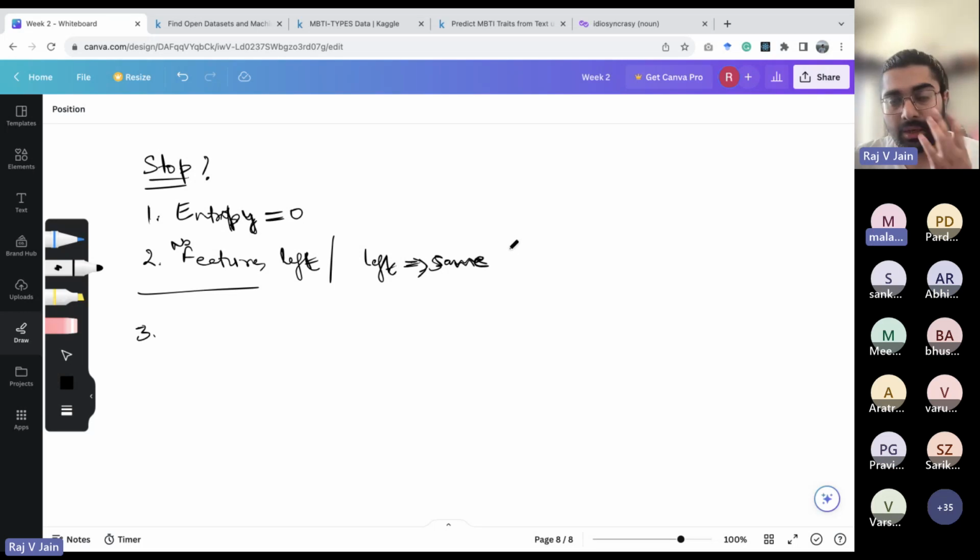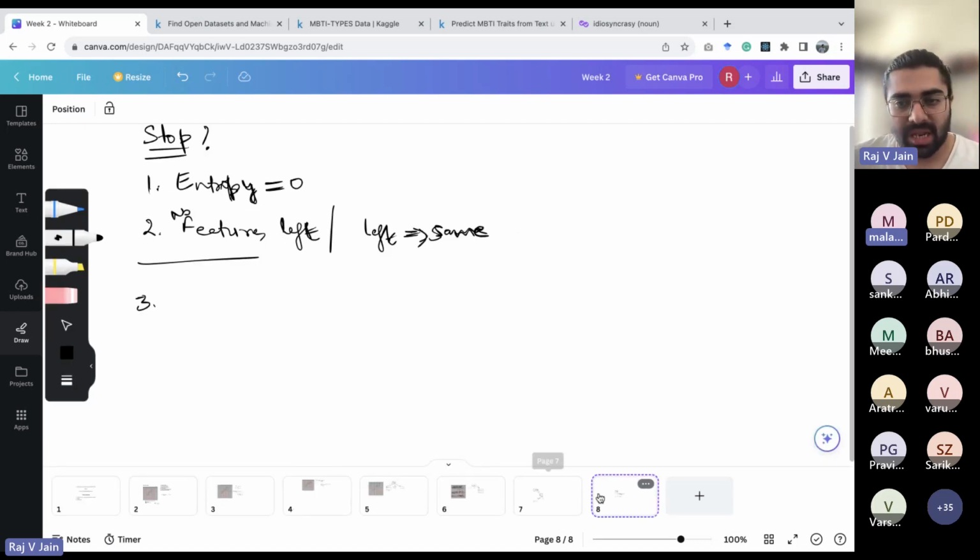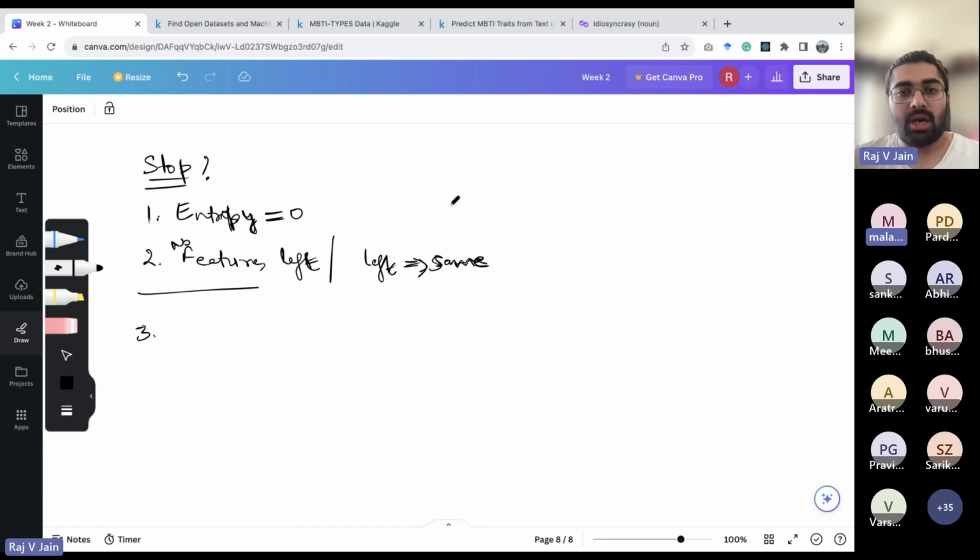The idea is that if you grow the tree until the end, until we reach these conditions, entropy equal to 0 or no features left, and then we try to cut down some nodes, that is called post-pruning. Now in pre-pruning, when do you stop growing the tree?